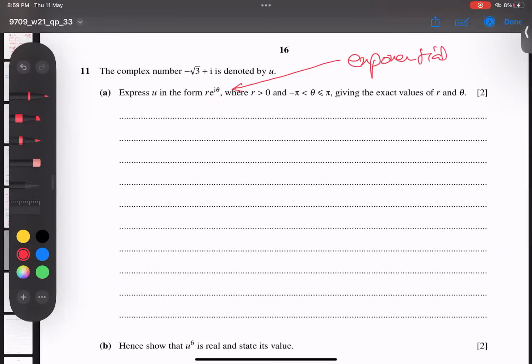Okay, so let's start. How can we do it, students? First of all, the best idea is to sketch. Accurate drawing is not required. Root 3 is approximately 1.7321, so it is not exactly 2, it is just before 2.